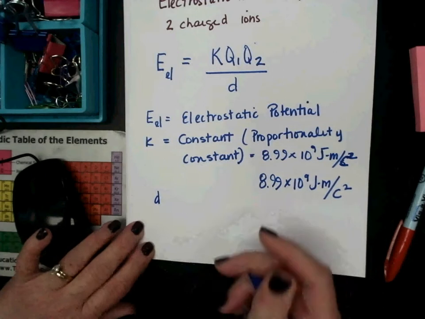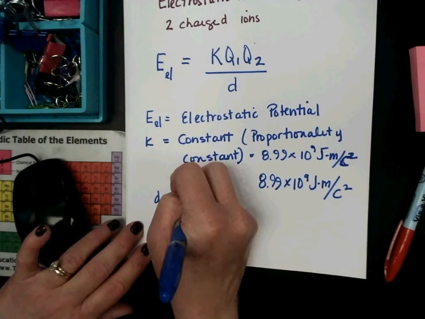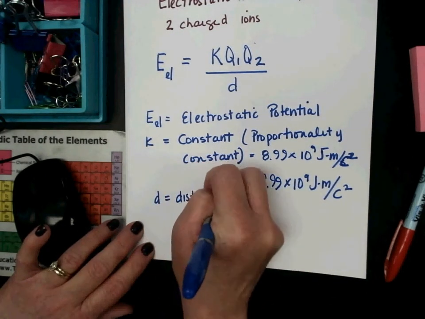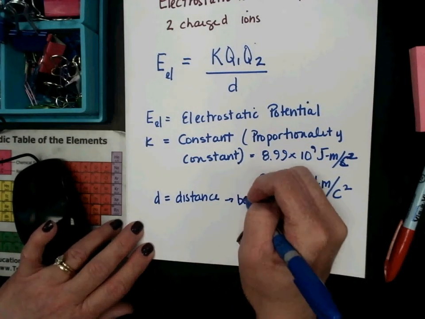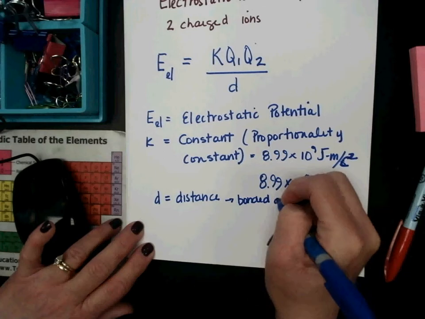Now, this D equals distance, and that would be the distance between bonded atoms.